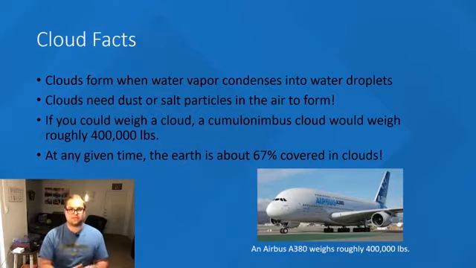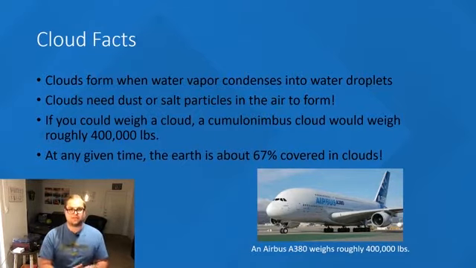Now, if you could weigh a cloud, a cumulonimbus cloud, which we'll talk about in a second, but basically those are your thunderstorm kinds of clouds, it would weigh about as much as 400,000 pounds. That's a lot. That's the same as an Airbus A380, which is the largest airplane in the world.